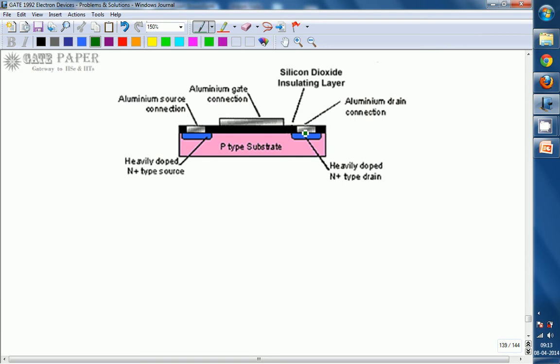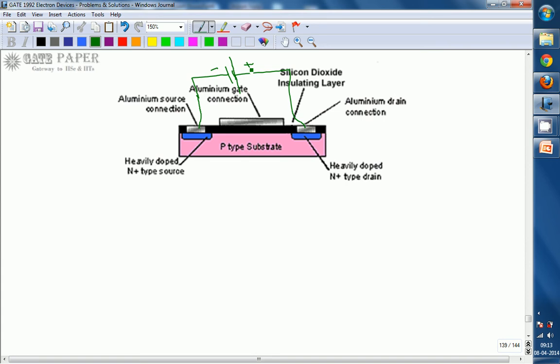Now, as you apply voltage across the gate, it can attract charge carriers from the P-type substrate. If you are not applying any gate to source voltage, and simply apply a drain to source voltage in this manner, with minus and plus like this, for an N-channel the drain is more positive than the source.